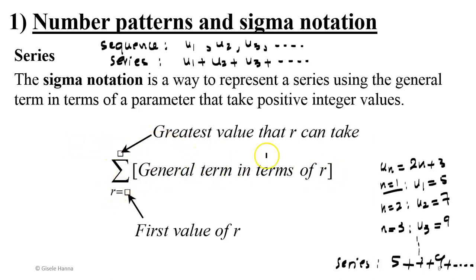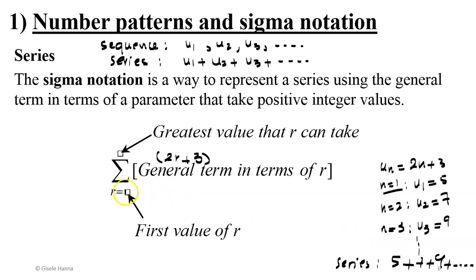So if I were to represent this series using the sigma notation, inside should go the general term of the sequence. Since over here it says in terms of r, I'm going to replace n by r, so that is 2r plus 3 inside sigma. And over here, this is the range of values of the parameter. So it really depends on how many terms I'm adding in the sequence.